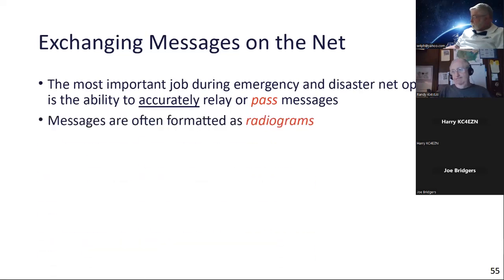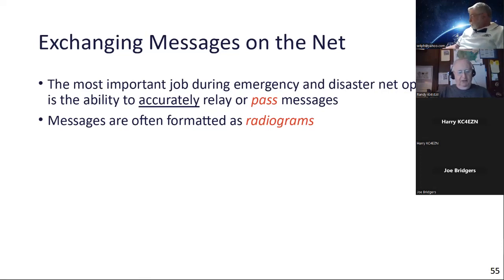Say you're helping out for a disaster and you're reporting to, say, the Red Cross that you need 1,000 blankets, okay? Make sure you say 1,000 blankets and not 100 or 5,000 blankets. That's just an example, but it has to be very, very accurate, okay?